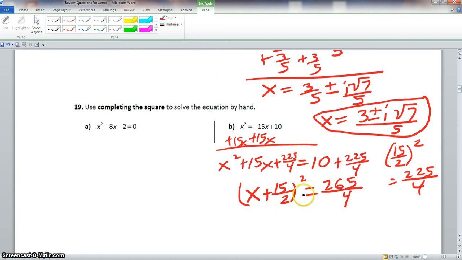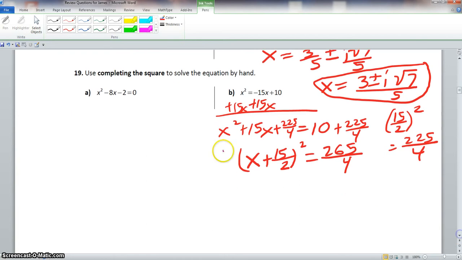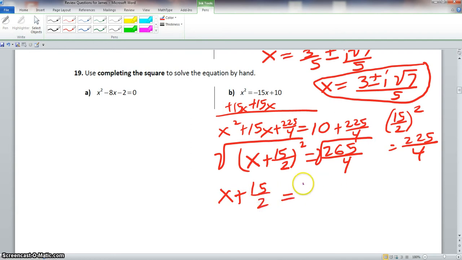Now, our next step, we would have to take the square root of both sides. And we will have x plus 15 over 2 is equal to plus or minus, and what I want to do is separate this square root. It would be the square root of 265 over the square root of 4.